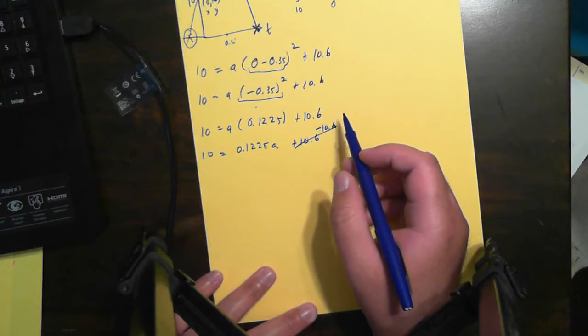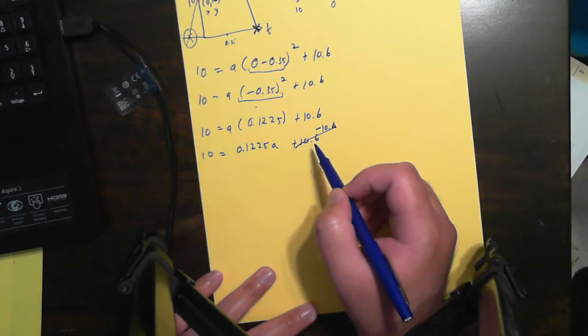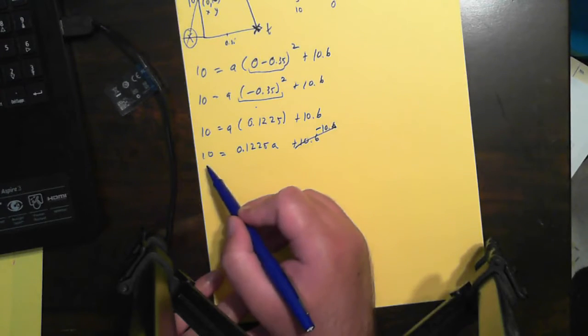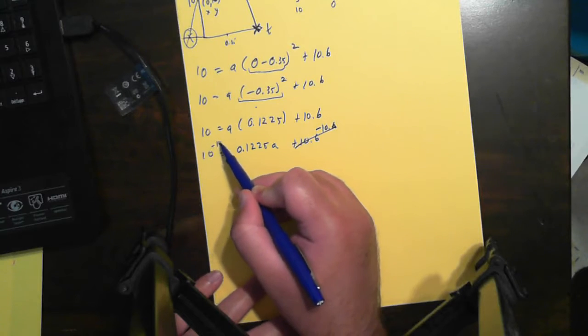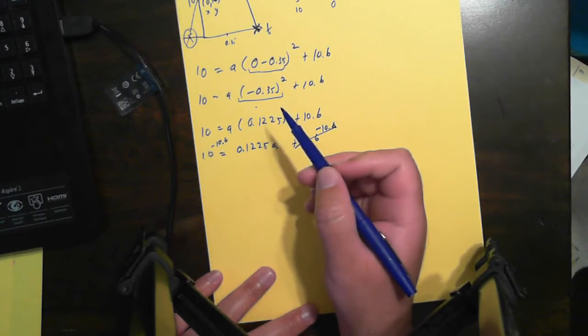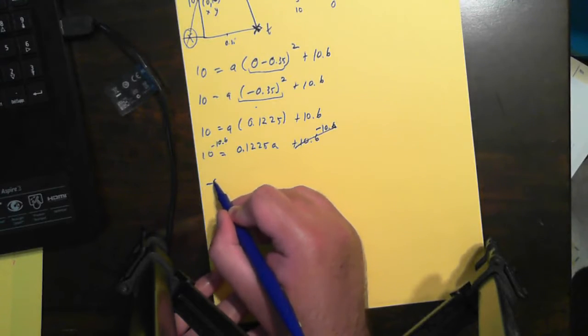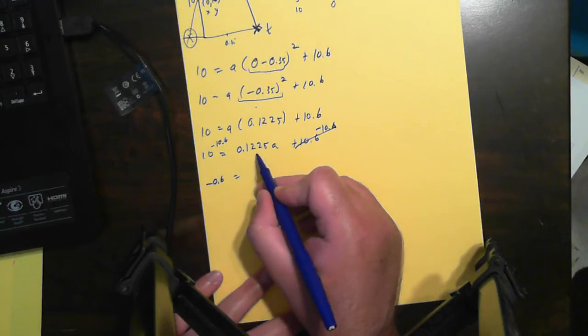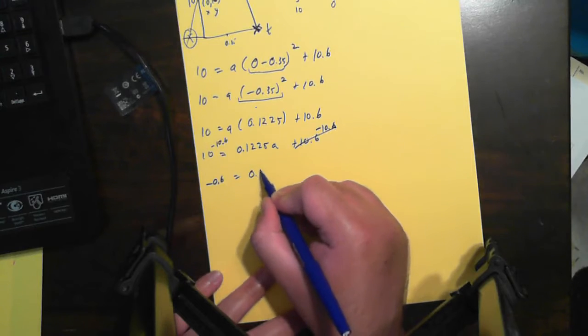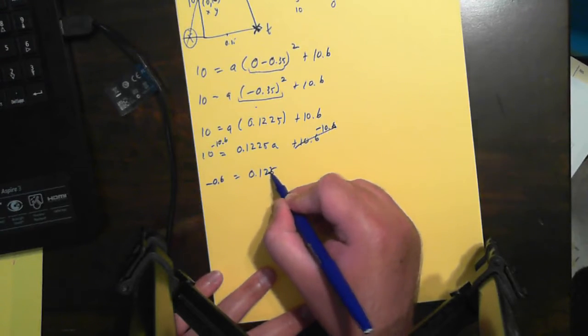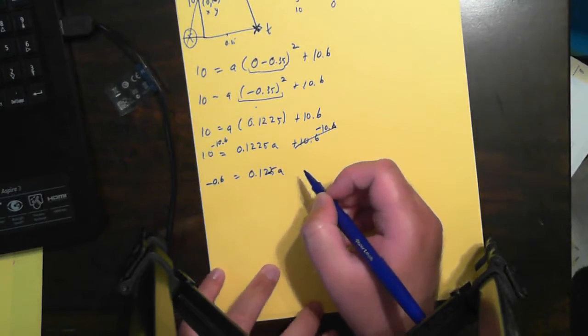Of course, what you do to one side of the equation, you need to do on the other side as well. So 10 minus 10.6 is negative 0.6, and it's equal to 0.1225a.